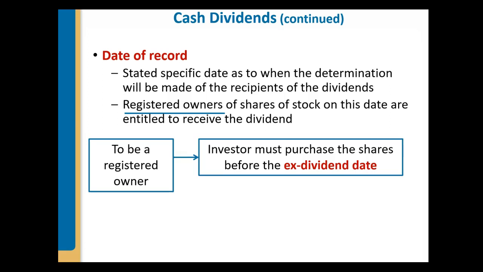To be a registered owner of shares on the date of record, an investor must purchase the shares before the ex-dividend date. This date usually is 2 business days before the date of record. Shares purchased on or after the date are purchased ex-dividend, without the right to receive the declared dividend.